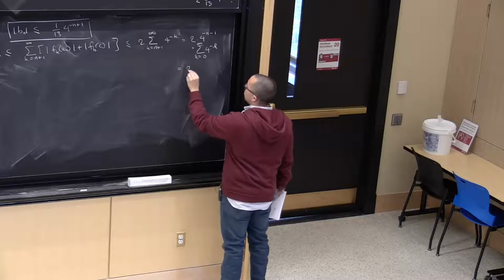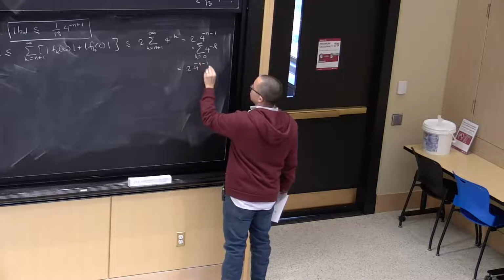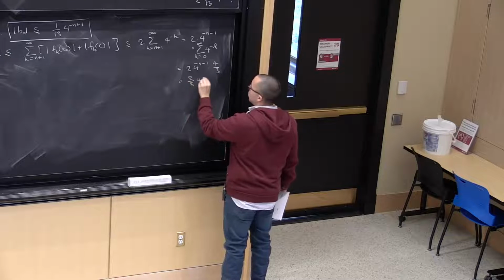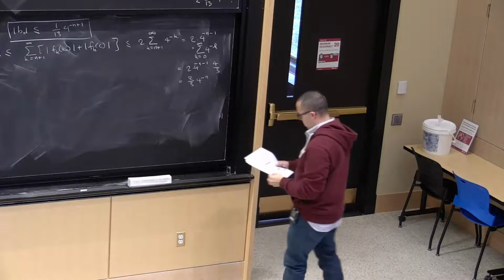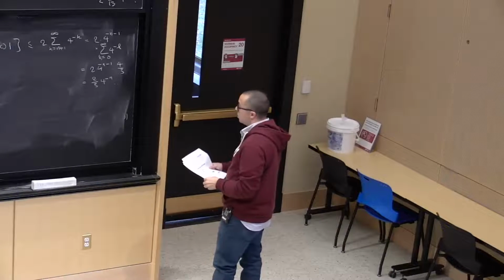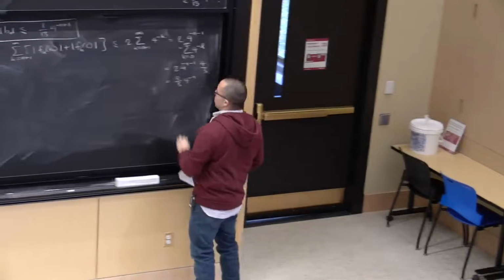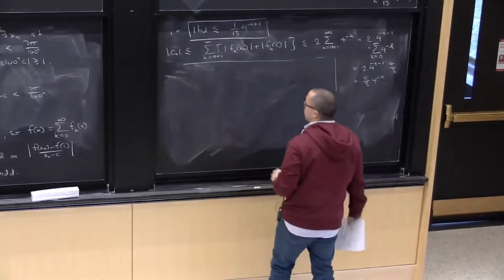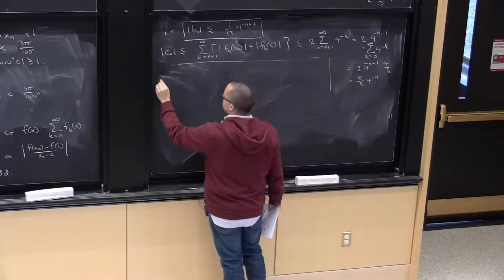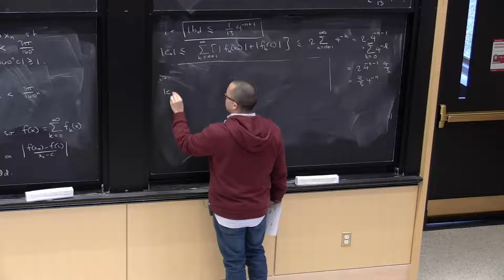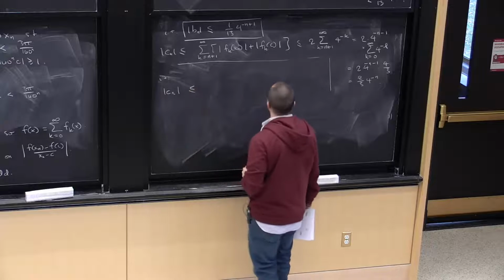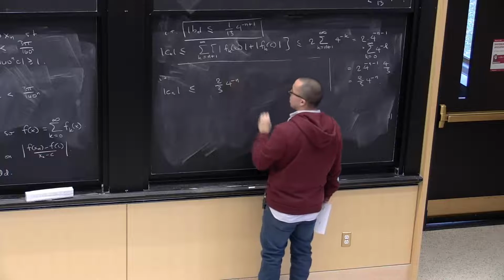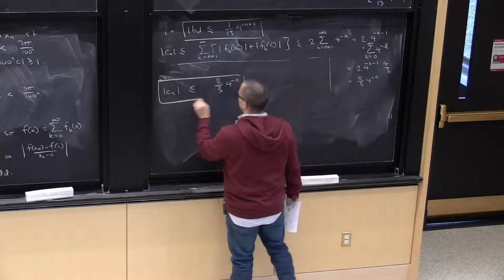This equals 2 times 4 to the minus n minus 1 times 4/3, which equals 2/3 times 4 to the minus n. Okay? So my board work's getting a little shoddy, but it'll be okay. That is, we've proven that the absolute value of c sub n is bounded by 2/3 times 4 to the minus n.